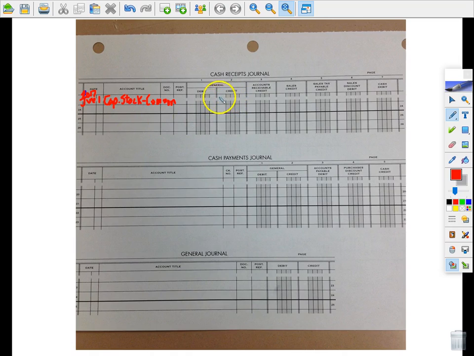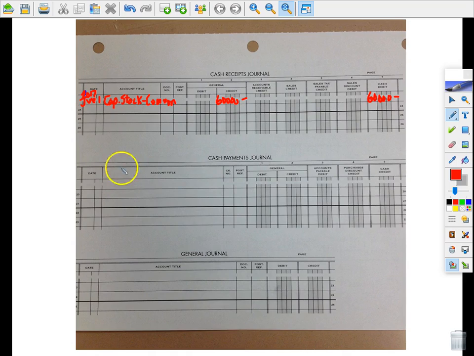The credit is for that $60,000 amount, and the debit to cash then will be also $60,000. Okay, and that takes care of an issuance of capital stock, common stock at par value.